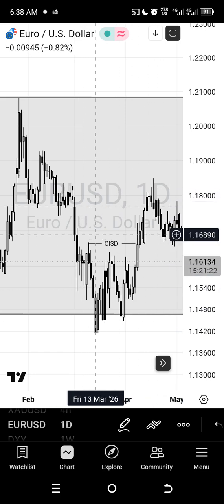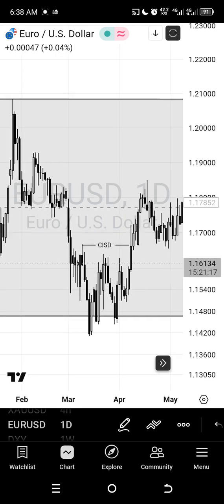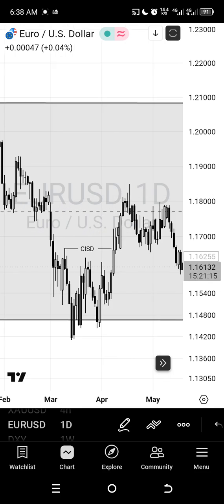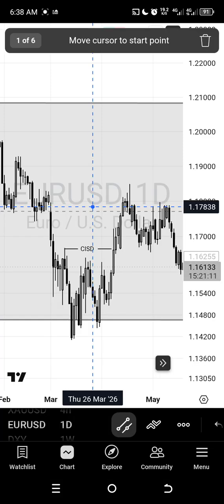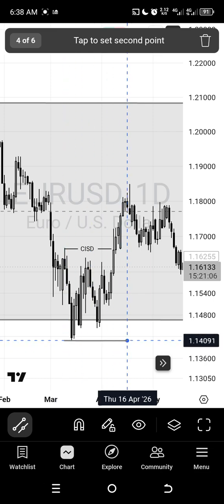And when we have an expansion swing, our job is to determine where it was. Due to the fact that the expansion swing was towards the upside, that means we have a bullish dealing range.